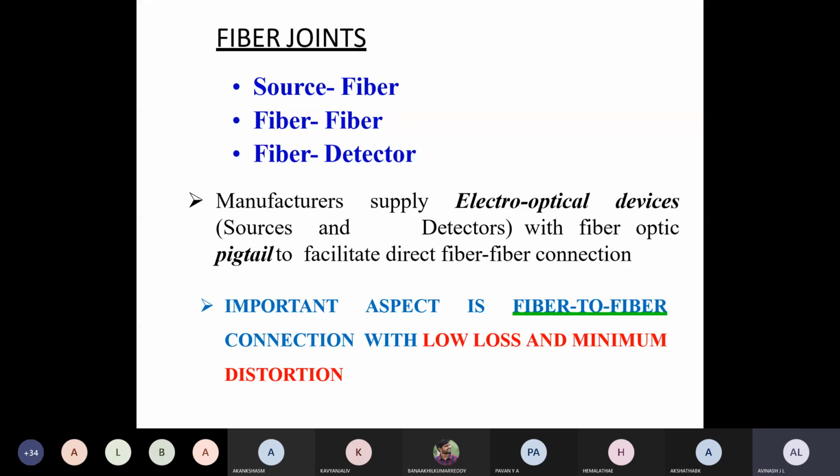Why? Because that is just one connection, and that connection is mandatory and will be taken care of. But when we are talking about fiber to fiber communication, the fiber may be underground, in a duct, or in the air. So the environment is different, and that is the problem.